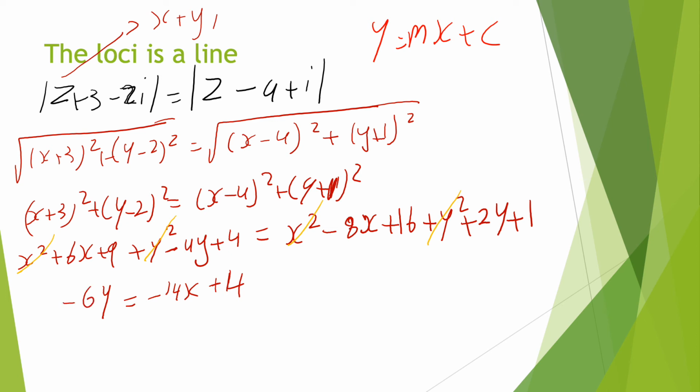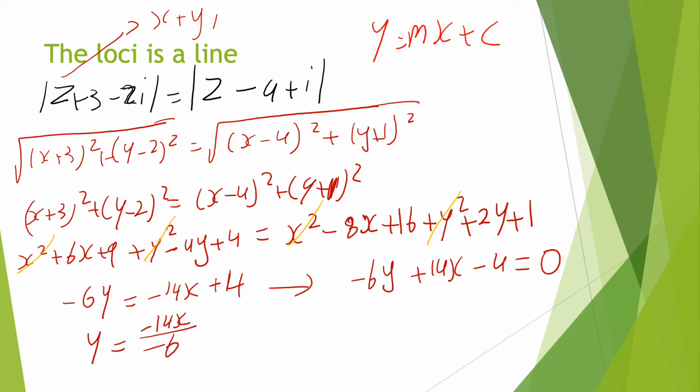Okay, so now you either rearrange and make everything equal to 0. So I could have negative 6y plus 14x minus 4 equals 0. That's one type of the equation. Or I can divide by negative 6 to have this format of the equation: y equals negative 14x over negative 6 plus 4 over negative 6.